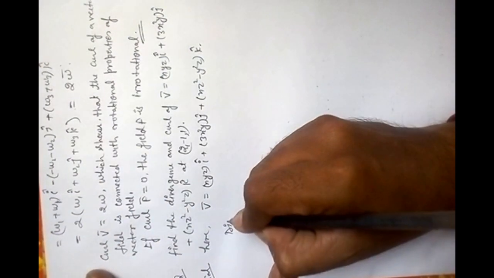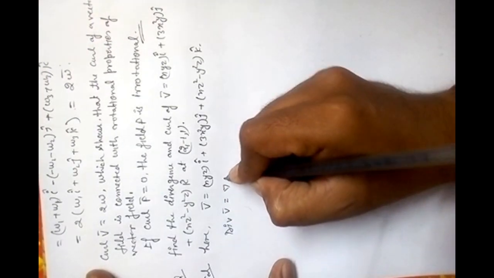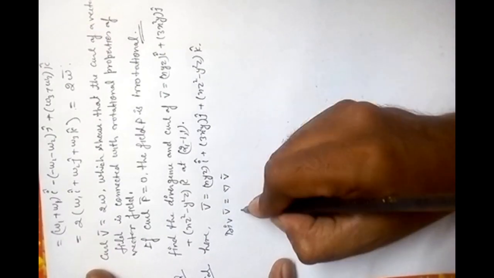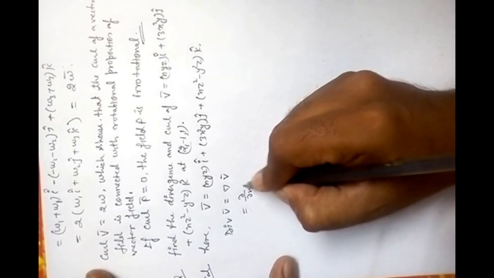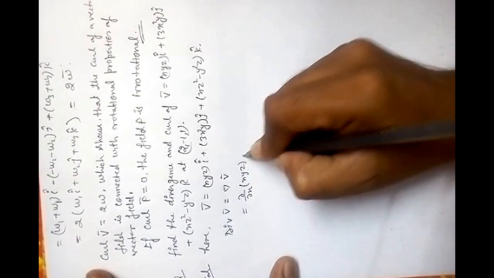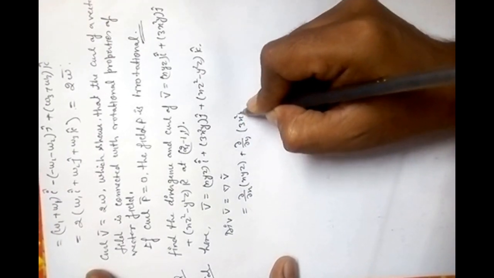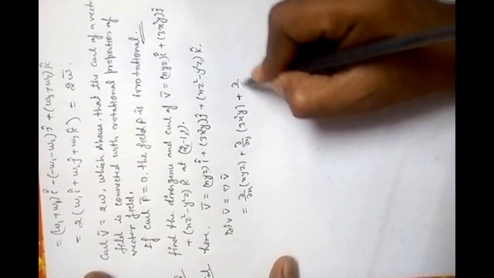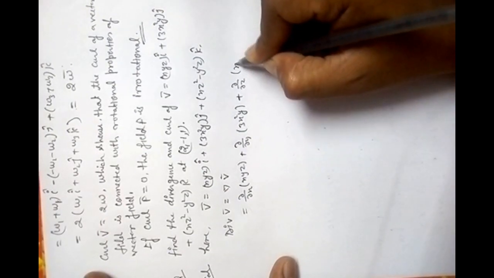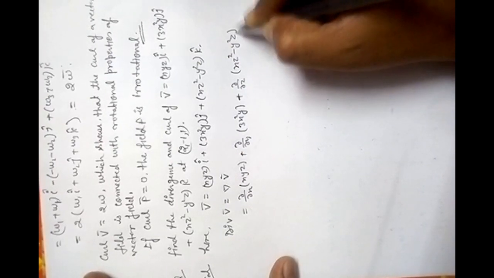So divergence vector v is equal to del dot v. That means del upon del x of yz plus del upon del y of 3x square y plus del upon del z of (x z square minus y square z).